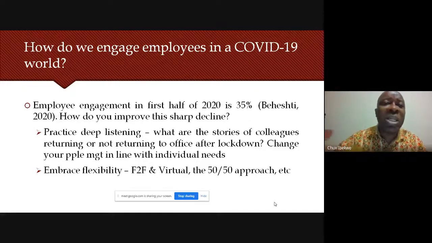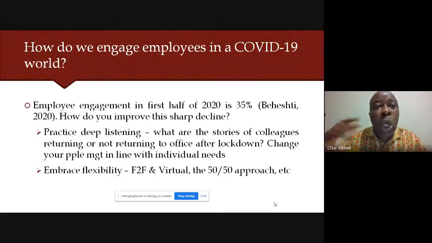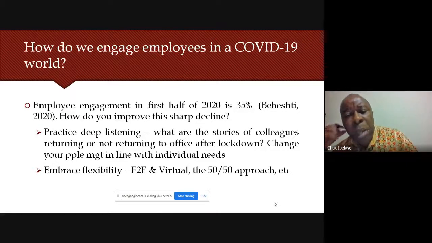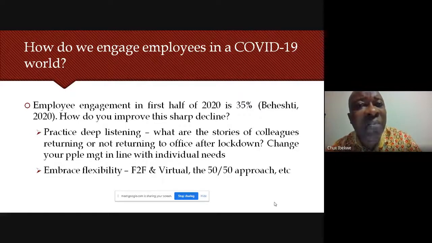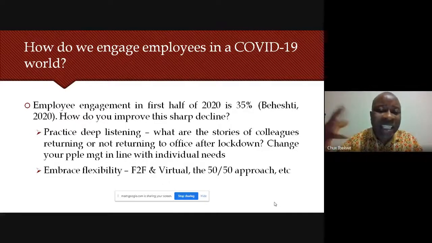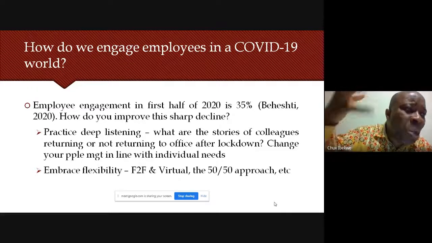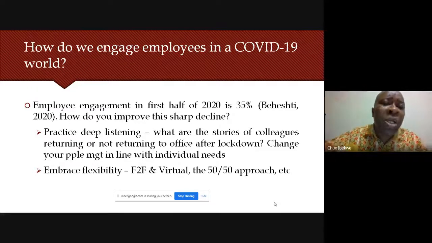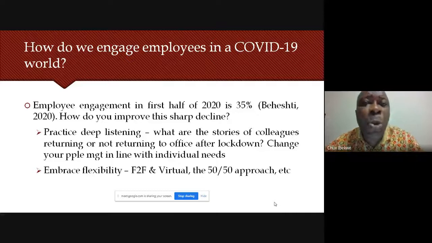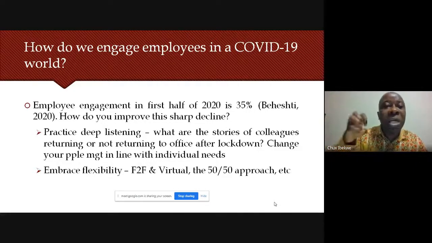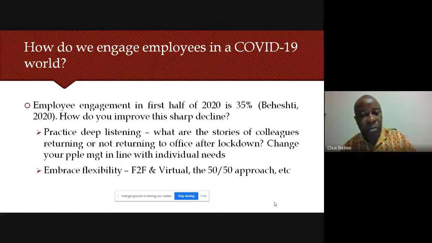We didn't close, therefore we didn't pay you and things like that. So what were your stories? How did it happen at your home? Listen to them, because when you listen to them, they know that you have their interests at heart. As a manager, when you use what you heard from them to change the way you schedule their tasks, it is going to help them to be more engaged.